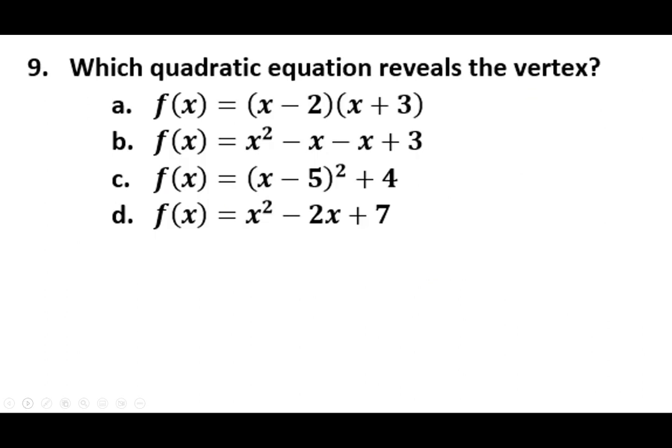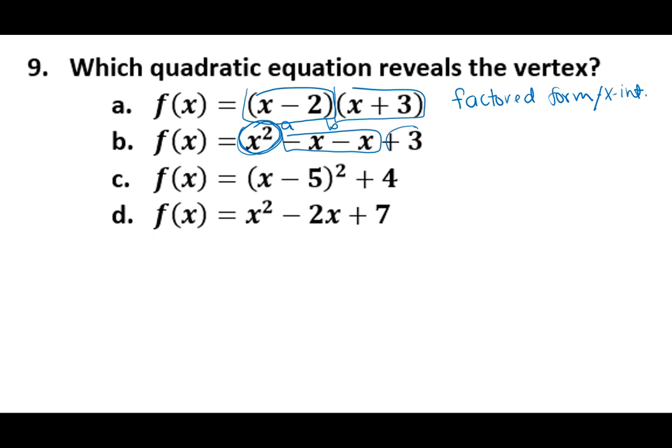Which quadratic equation reveals the vertex? Okay, so this was also in your quizzes and your study guide. The first one is your factored form, because these are your x-intercepts. This one, we have an x squared in the front. We have an A, a B, and a C. So this is standard form.